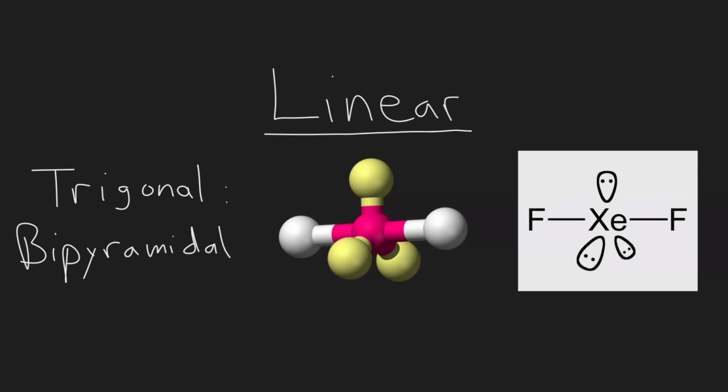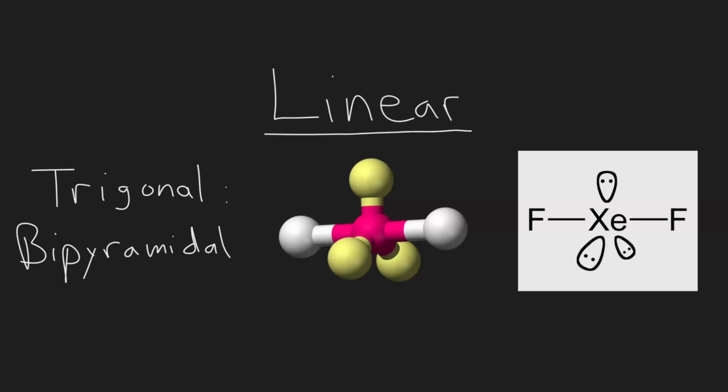In this case, we have 3 lone pairs and 2 bonds. So that's why I wrote trigonal bipyramidal next to it to represent its electron geometry. But molecularly, it appears to be linear because the 3 lone pairs are going to force the 2 bonds to be 180 degrees apart. So in this case, xenon difluoride is going to be linear.